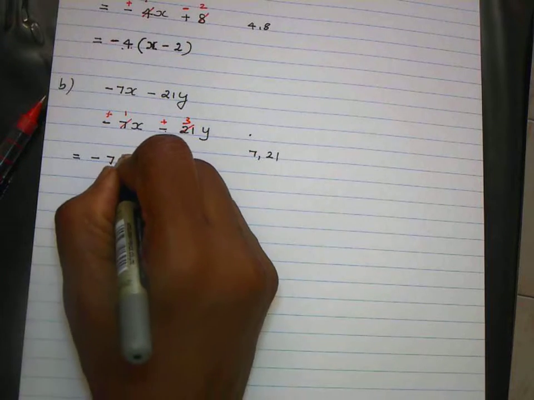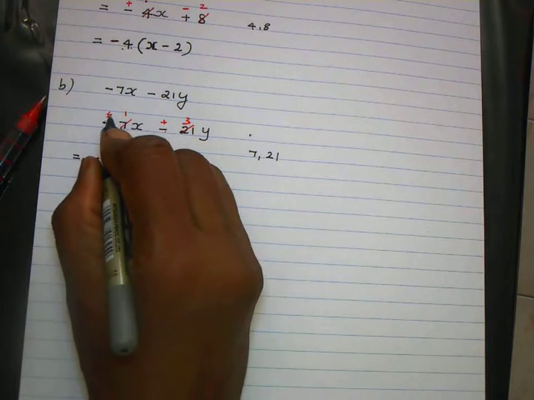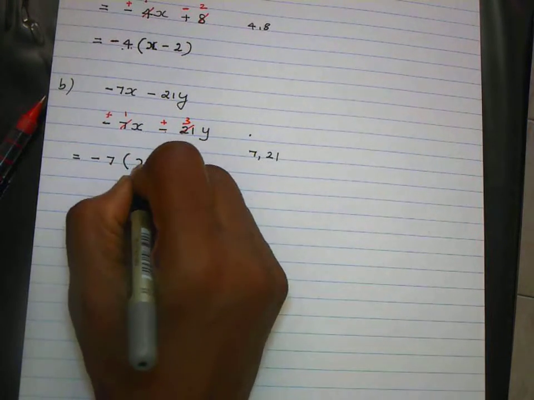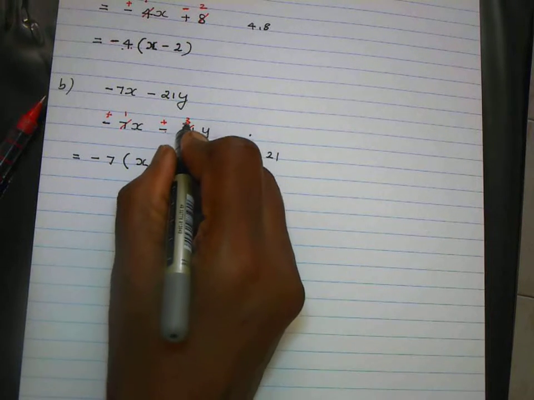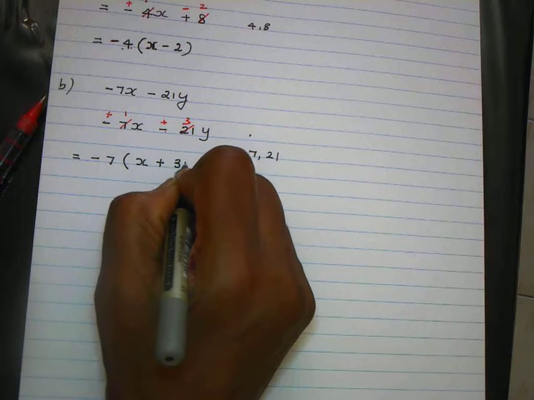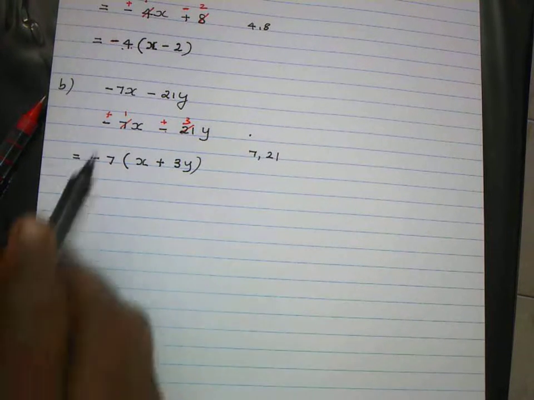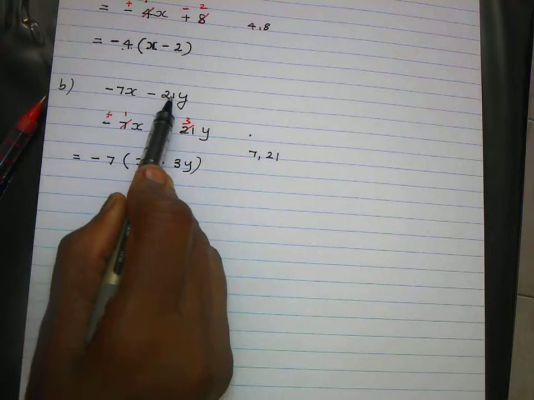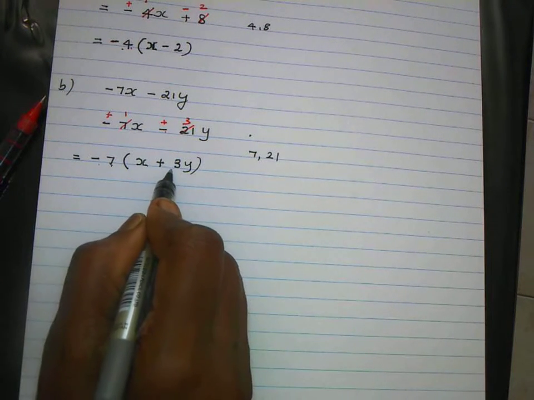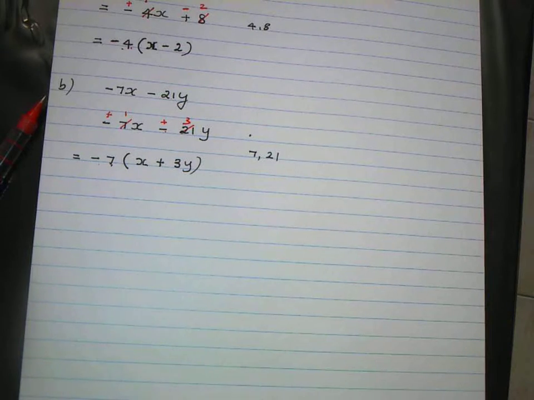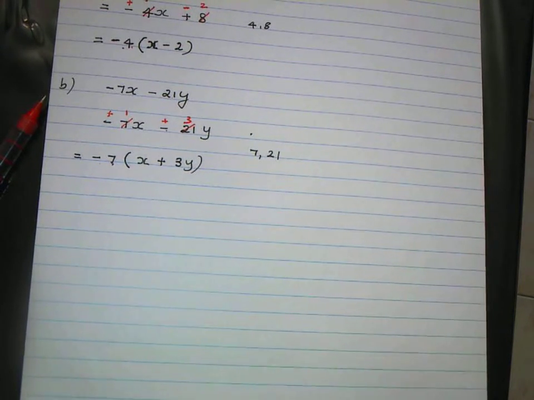So now I can open the bracket. Now plus 1x or just x, then this sign I have to use, which is plus 3y. So that is your answer. You can factorize minus 7x minus 21y as minus 7 in bracket x plus 3y. Okay, now let us go to the next question.